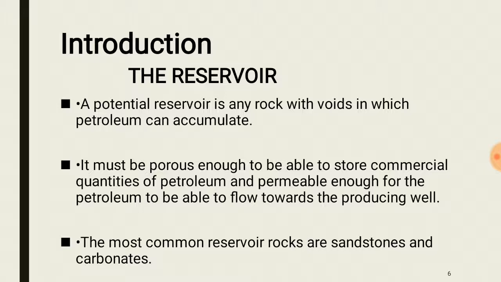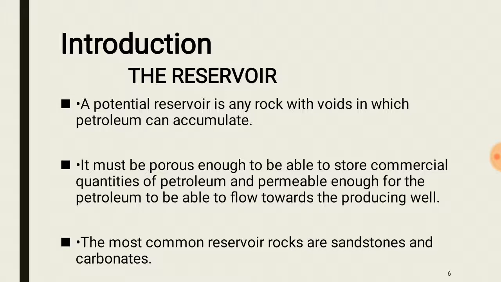A potential reservoir is any rock with void space in which petroleum can be accumulated. So any rock which has the ability of accommodating hydrocarbons, oil and gas, is what we call a reservoir.